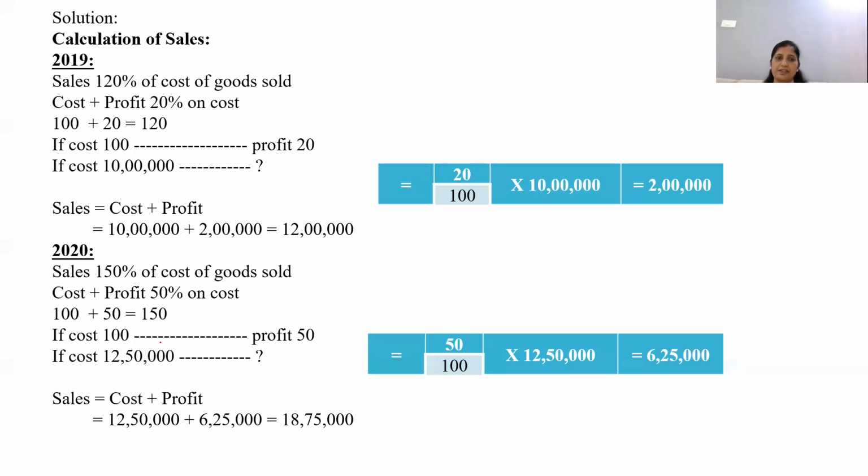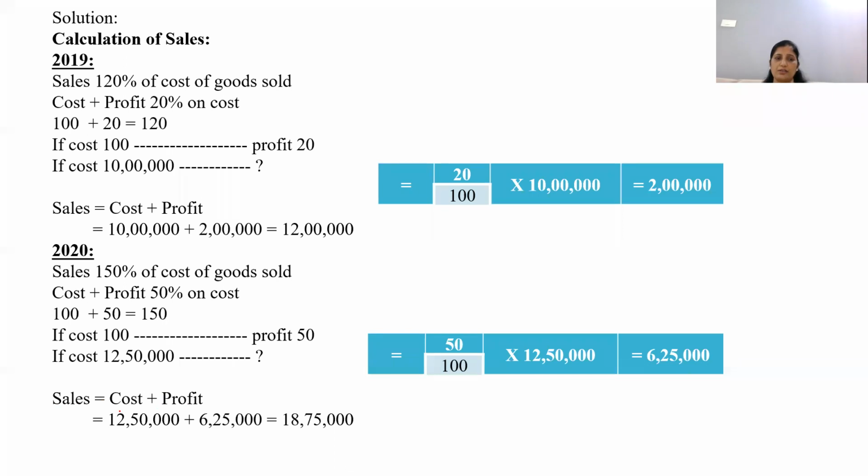Similarly, I have calculated here. Sales is 150% of cost of goods sold. Cost plus profit 50% on cost. Cost is 100, profit is 50, that is 150. So if cost is 100, profit is 50. If cost is 12 lakhs 50,000, what is the profit? So 50 by 100 into 12 lakhs 50,000, you will get 6 lakhs 25,000.